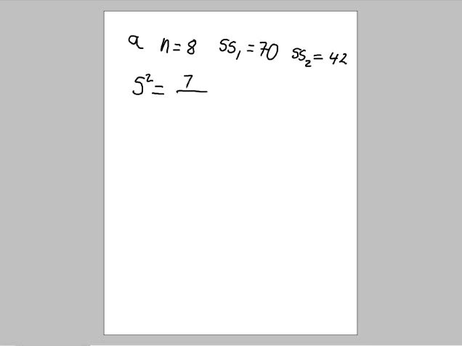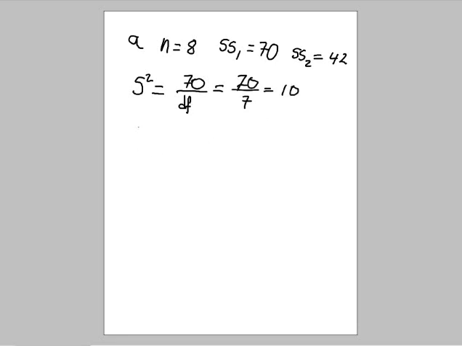So we come over here and we take the SS, 70, and divide that by the degrees of freedom. Sample size is 8, so n minus 1 equals 7. So that is 70 divided by 7, and that equals 10.